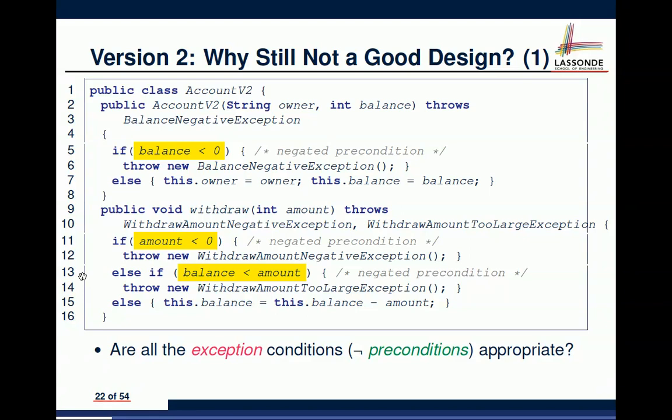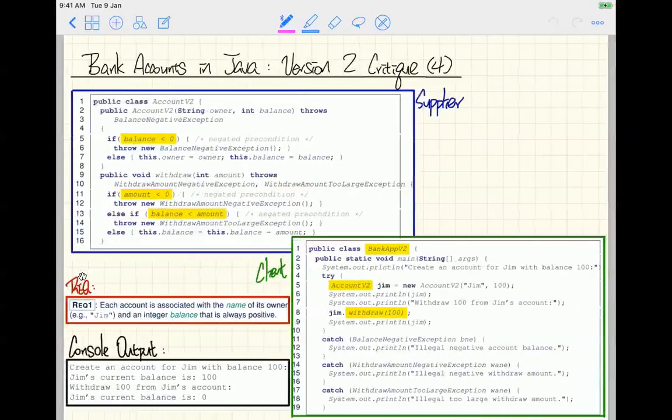Let me make that change first, and then I can go back to the code over here. You're suggesting that, rather than saying balance less than amount, it should be balance less than or equal to amount. That's what you're suggesting. Okay, why should that be the case?